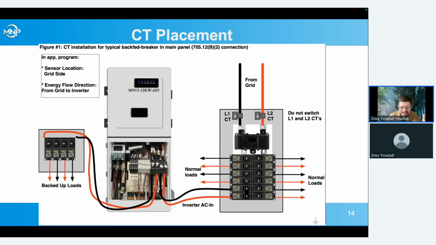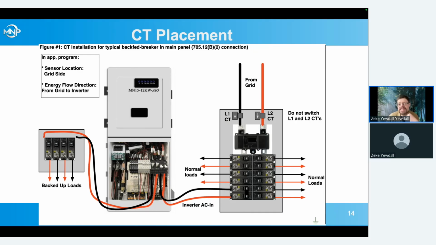And it puts more power in. And it gets confused because everything is feeding back to it the wrong direction. So often when you see really bizarre behavior, and especially the inverter dumping the batteries to the grid, that's a sign that the CTs are reversed and pointing the wrong direction.